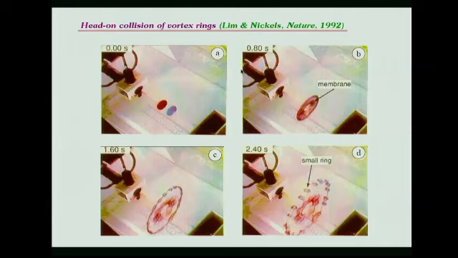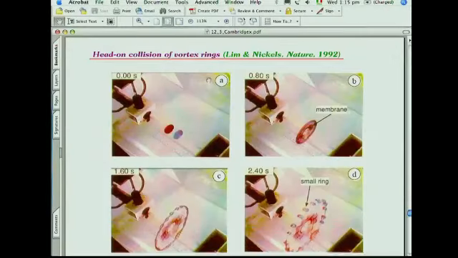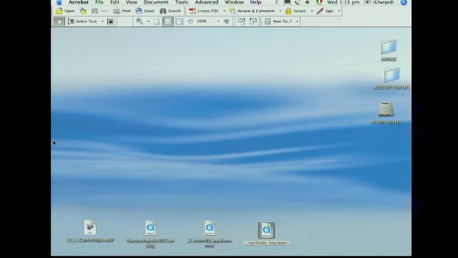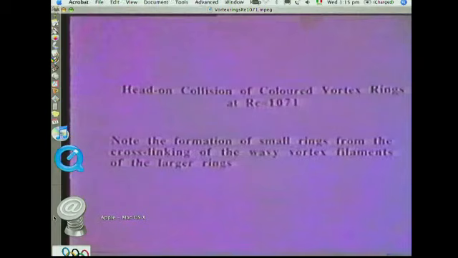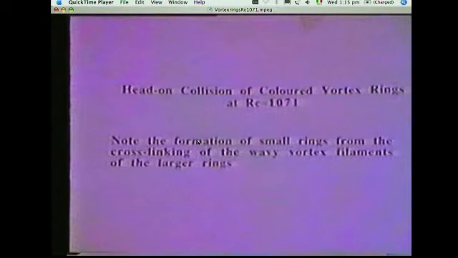And if you look at the movie, which I'd like to show you, although it is not so easy to see, you have to spend a little time looking carefully.